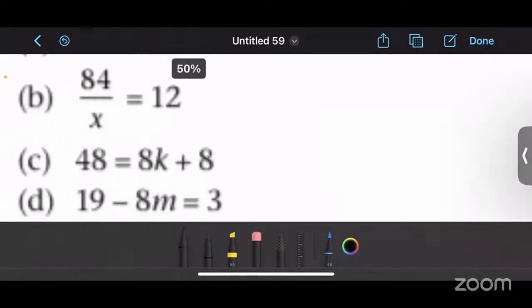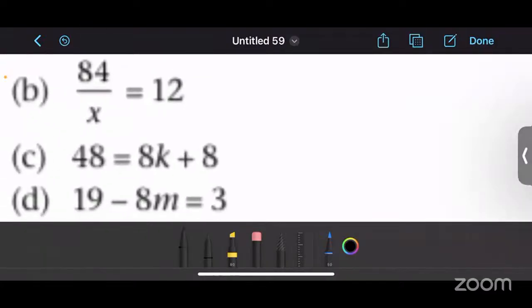So I said 12 times 7 equals 84. Wait, Manahil, we are on B, right? You're doing B. So I'm not sure how you got to 12 multiplied by x. Can you take me through that step? How did you get there, where you ended up multiplying the 12 with x, which in this case is 7?